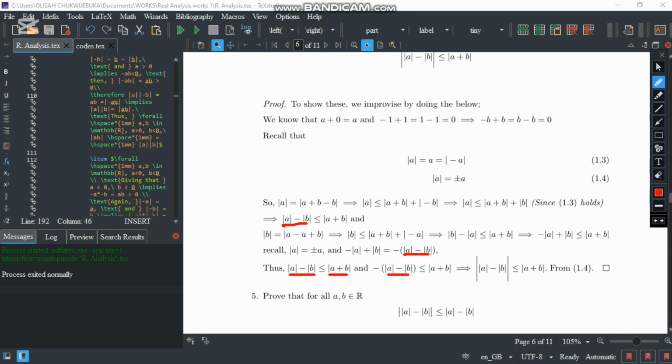So since the absolute value function is plus or minus of that value, the absolute value of these two things, this is negative and here is positive, has now covered both cases, and is less than or equal to the absolute value of a plus b, since the two of them are less than or equal to it. So that completes the proof.